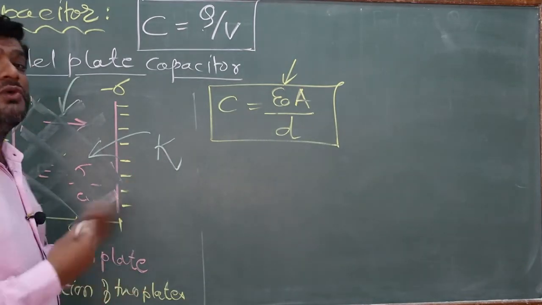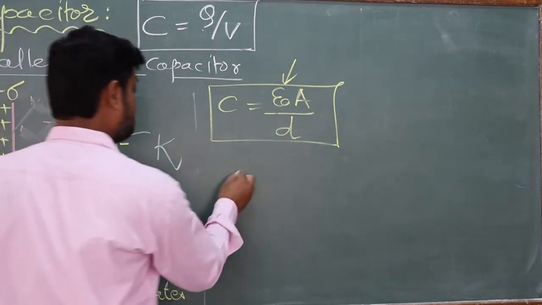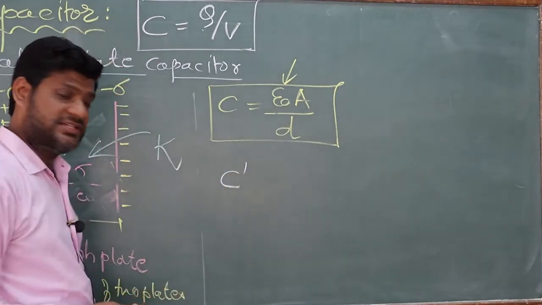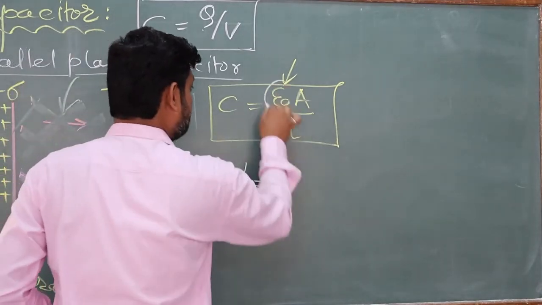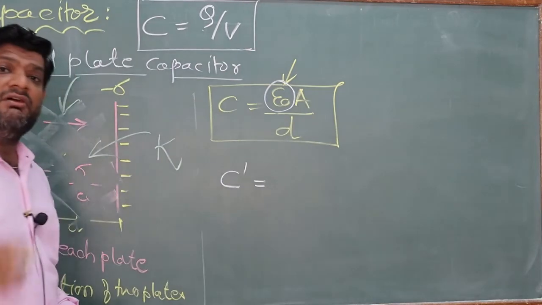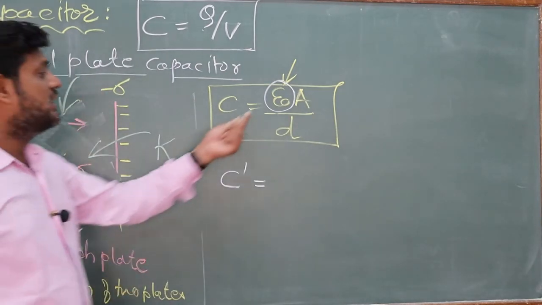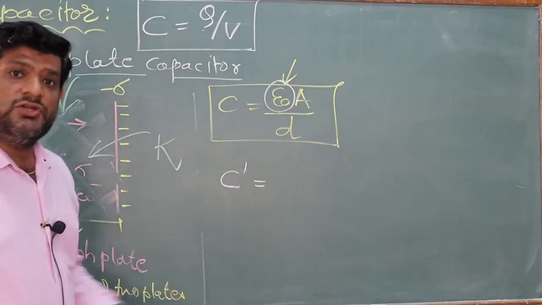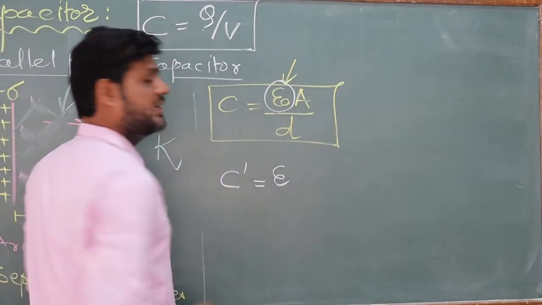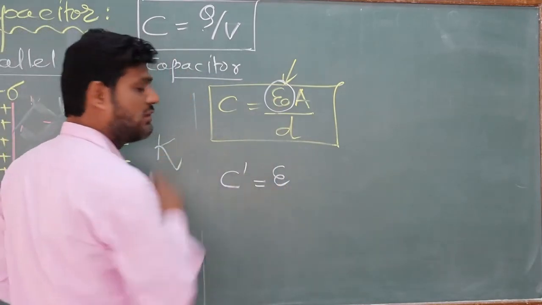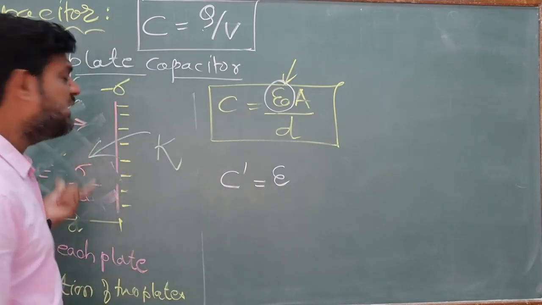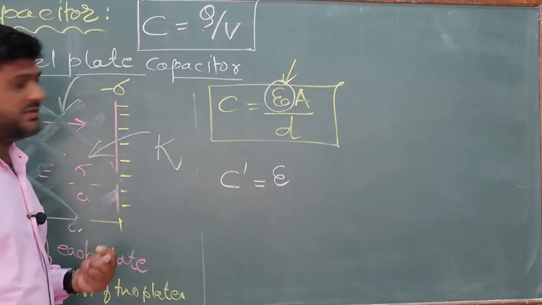So what is the new capacitance? The new capacitance will be denoted by, let us suppose, C dash. Now the medium is present, so we will replace epsilon 0 by epsilon, because epsilon is the permittivity of the given medium, right?